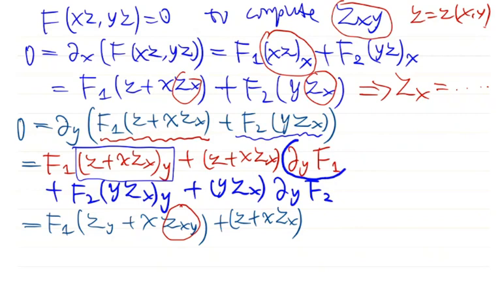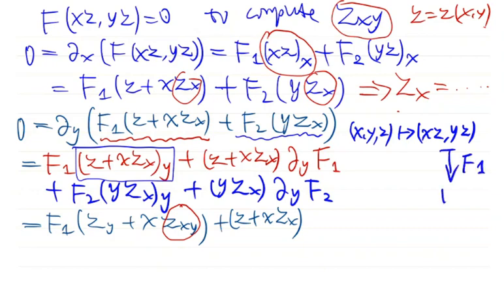When you compute this, you need to remember that f1 is also a composition of some functions. f1 is the function, as a function of x, y, z, that maps (x, y, z) to (xz, yz), then applied by f1. So f1 here is the composition of these two functions.